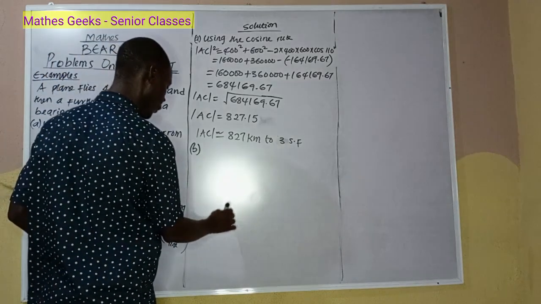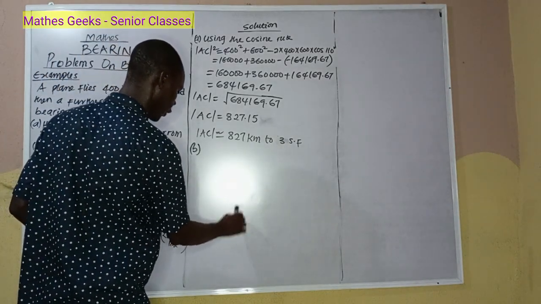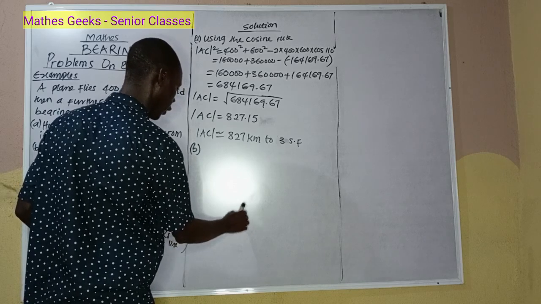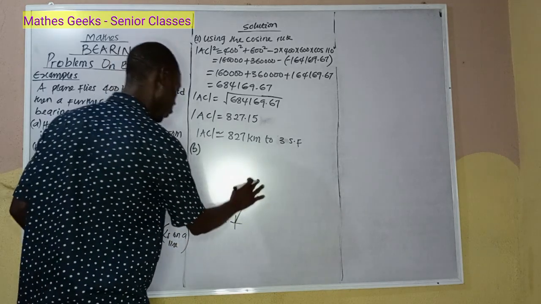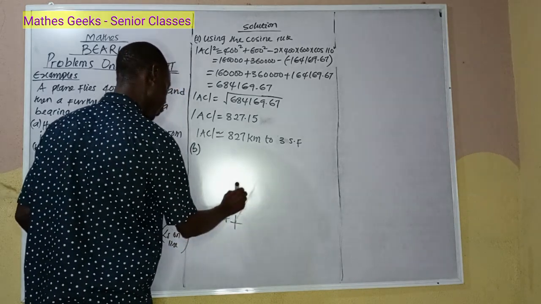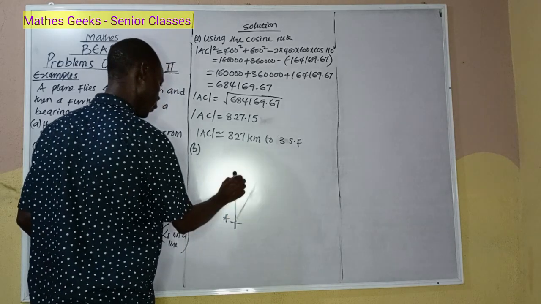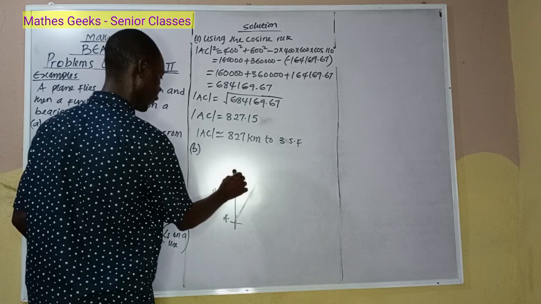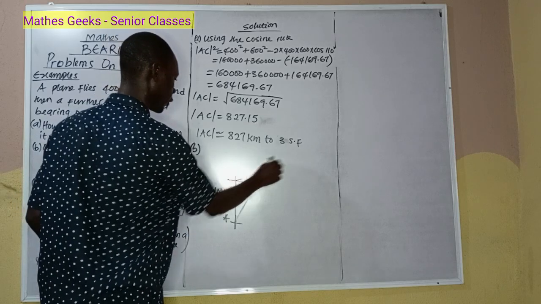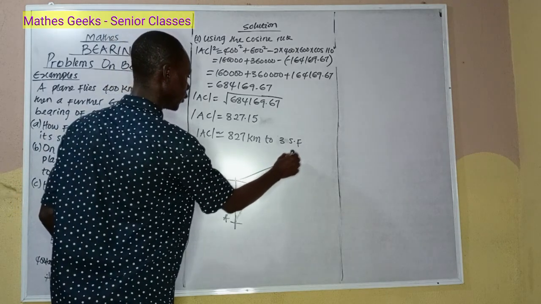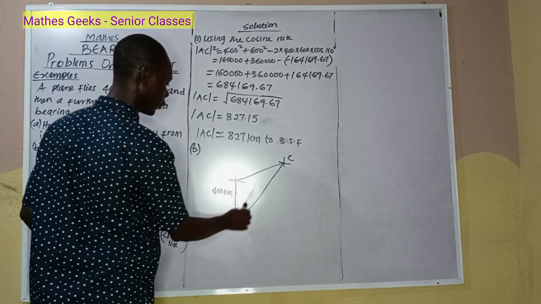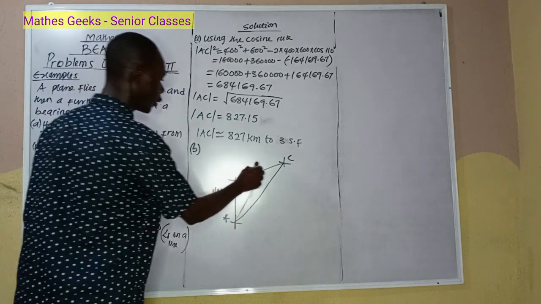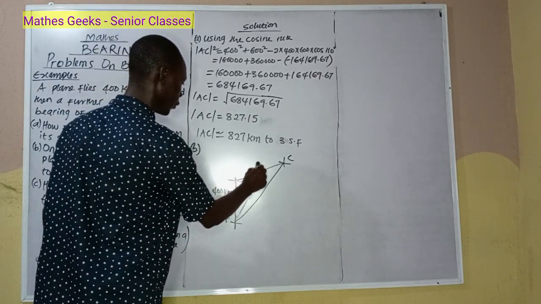Here I have point A, here is 400 kilometers, and from the north you have C, and here is 600 kilometers.